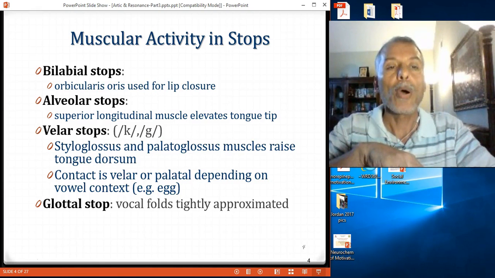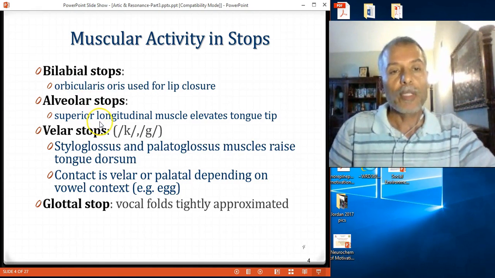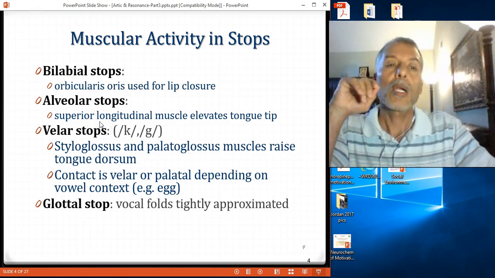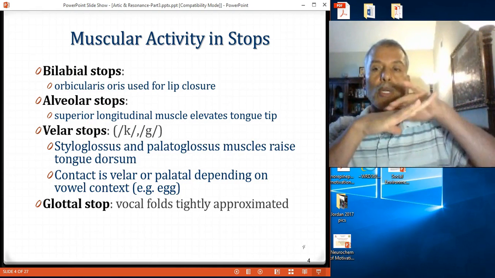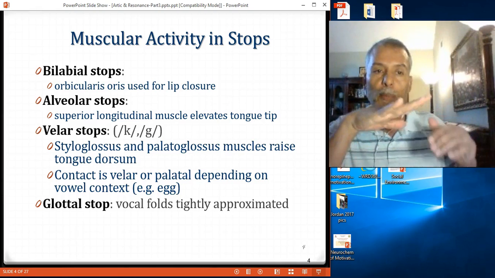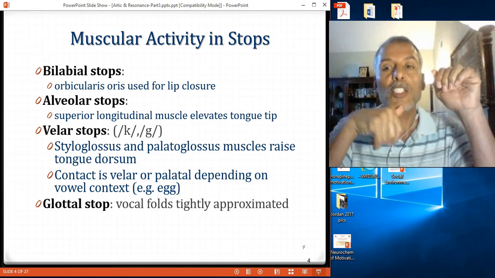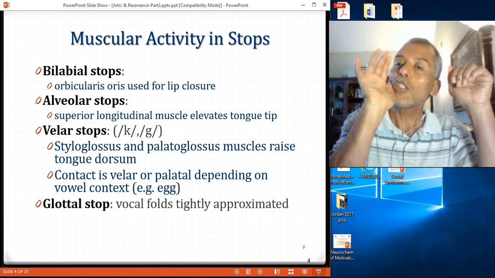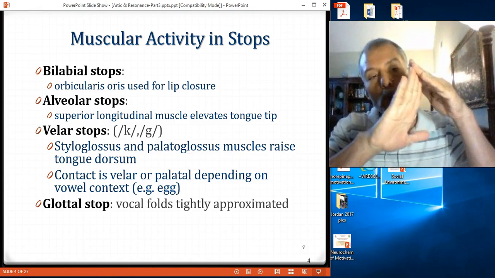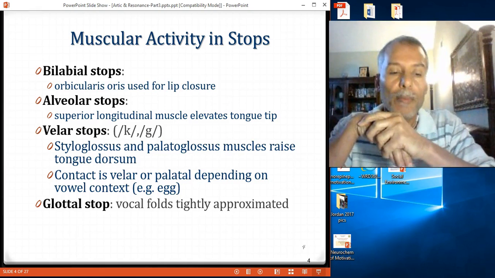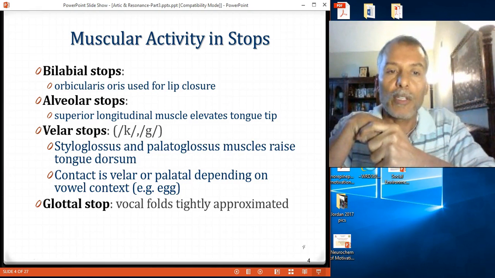P, b. For the alveolar stops you require the superior longitudinal muscle to lift up the tongue tip. But you also make sure, take note of this, you also require the genioglossus to enable you to put pressure so you can produce all alveolar sounds.